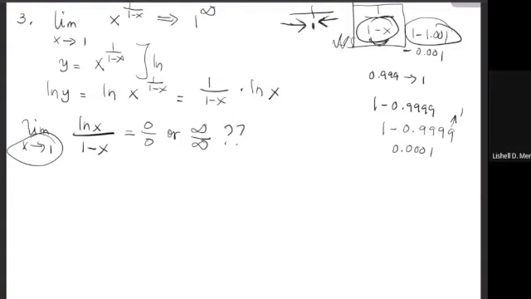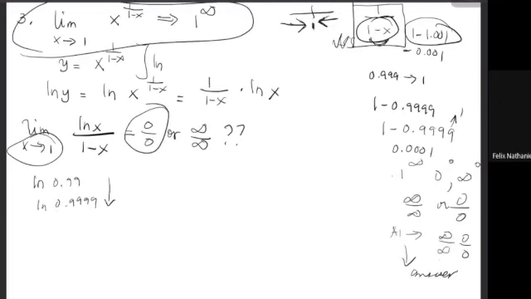Okay, so this is of the form infinity over infinity. Ano sa palagay? Tama ba yan? What is ln of, as x approaches 1, what is ln of 0.99? This is ln of 1, which is 0. So going back, we have 0 over 0.